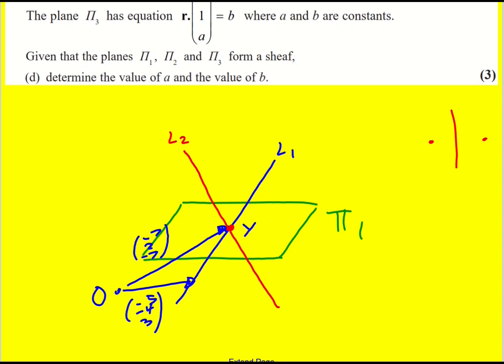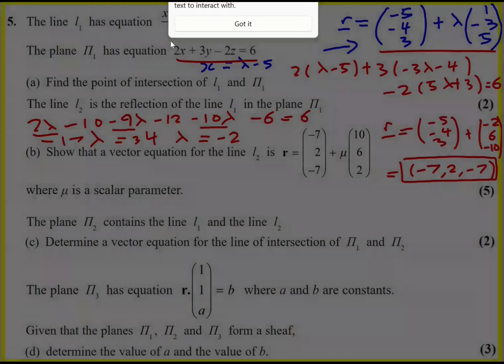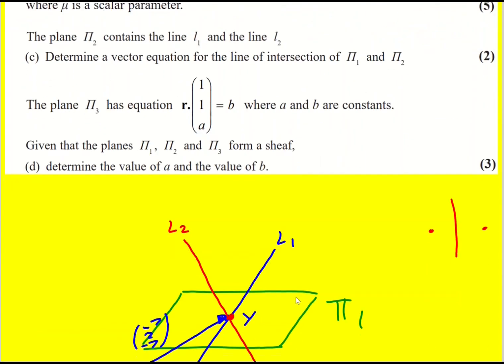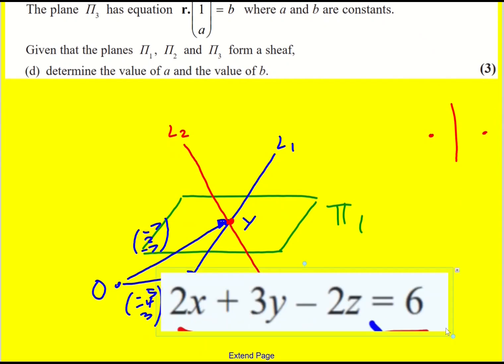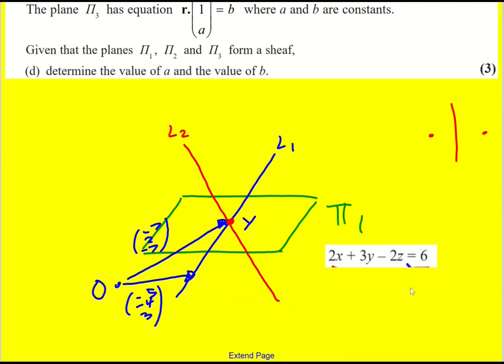Okay, there's one other piece of information I'm going to add before I get into the solution process, and that is I've got the equation of the plane, and this can be written in a slightly different form. I'm going to bring it down. An alternative version, I'm not going to go into loads of detail on this, is that it's r dotted with a normal vector is equal to d.